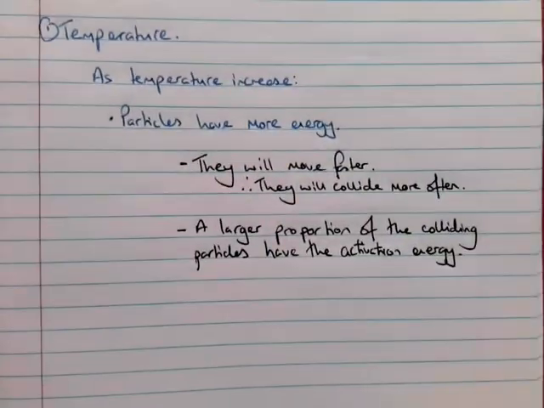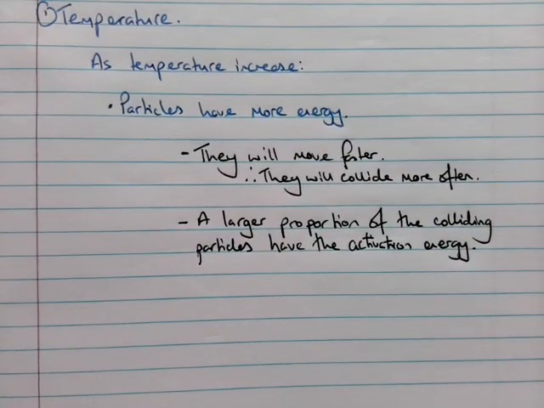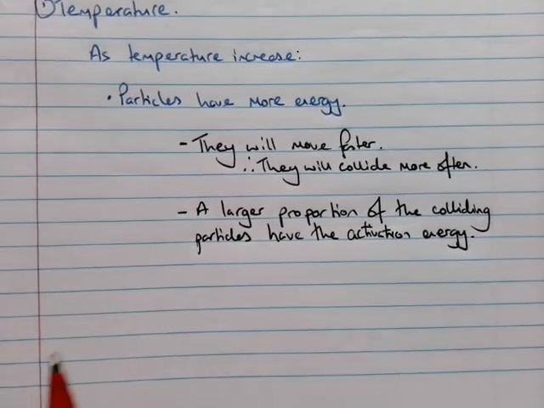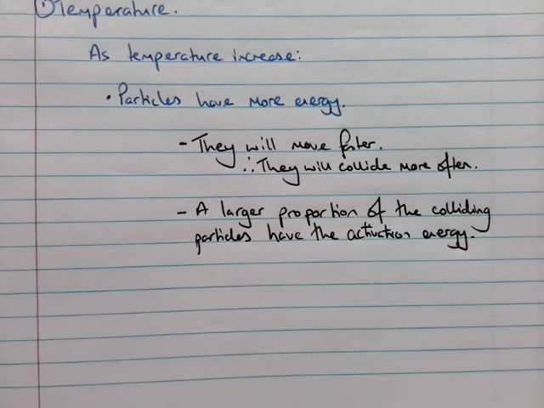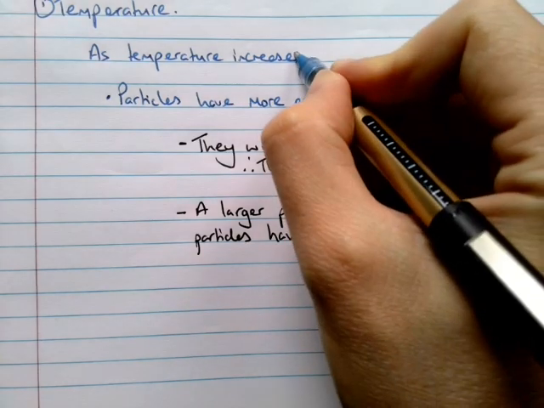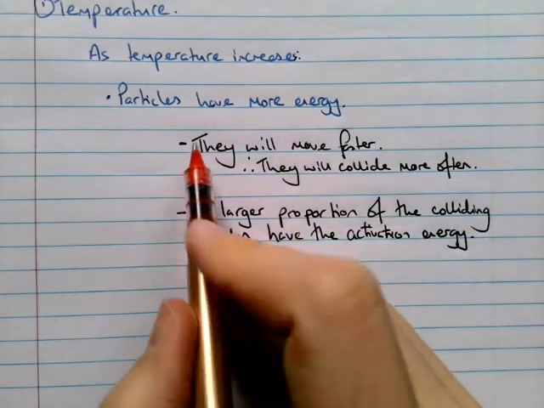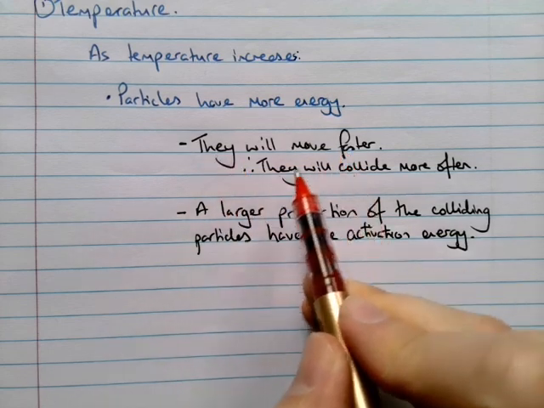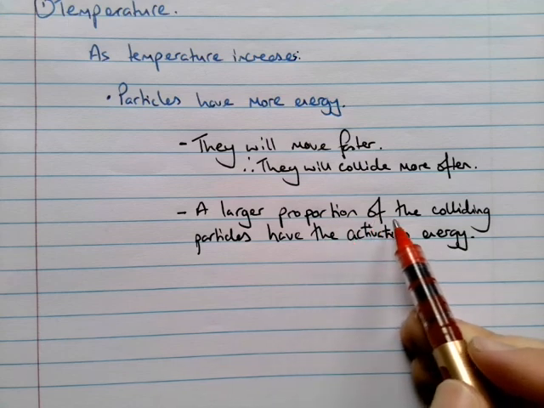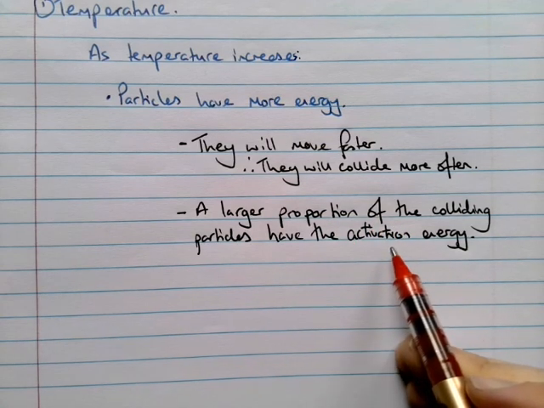We're not finished yet, because we haven't linked this to the rate. So this is how we do it. This is very, very important. As temperature increases, particles have more energy. They will move faster and collide more often. Also, a larger proportion of the colliding particles have the activation energy.